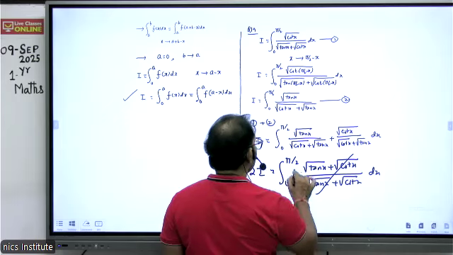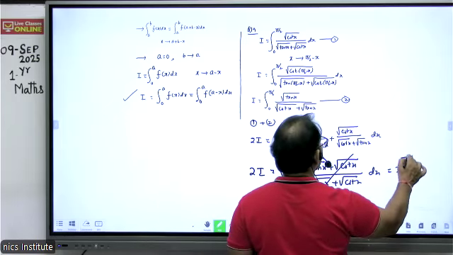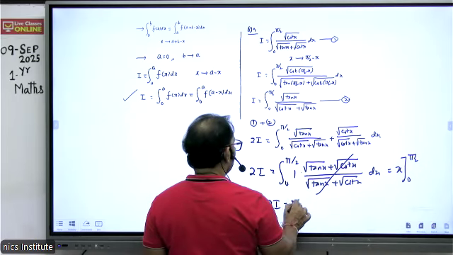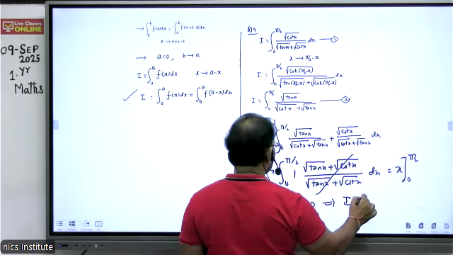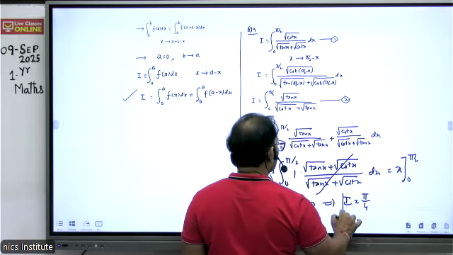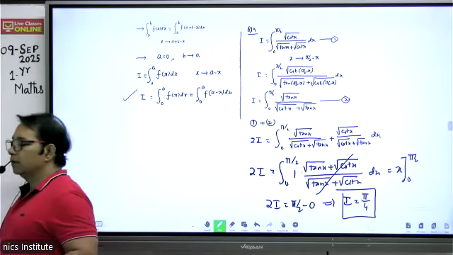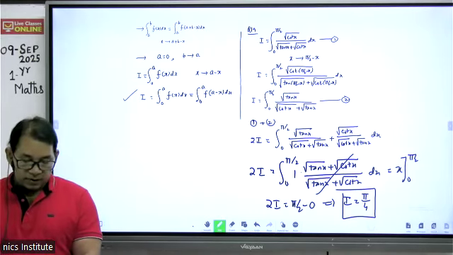It will cancel completely. Integration of 1 is x, limit 0 to pi by 2. So 2i will be equal to pi by 2 minus 0. Don't forget to bring i on the right side. The integral is pi by 4. So this property is used in 95% of questions.